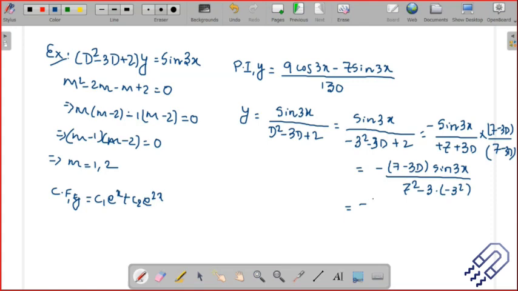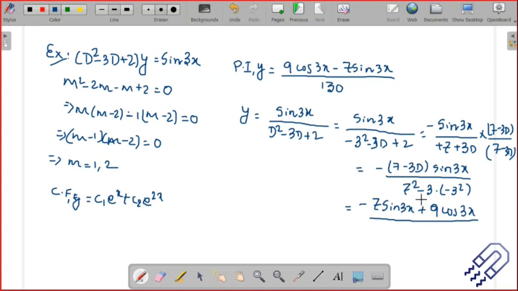minus 7 sine 3x, minus minus becomes plus, this is 3, and then there will be d/dx of sine 3x, so it will be 3 into 3, 9, then it becomes cos of 3x divided by 49, and this is 3 square is 9, 9 into 3 is 27, plus 27, 49 plus 27.